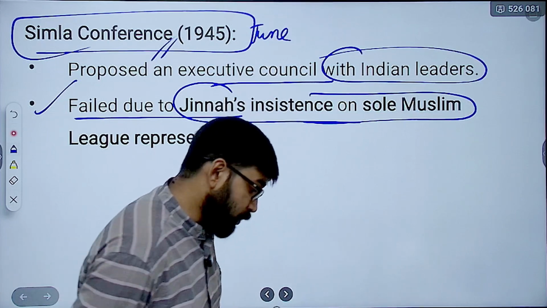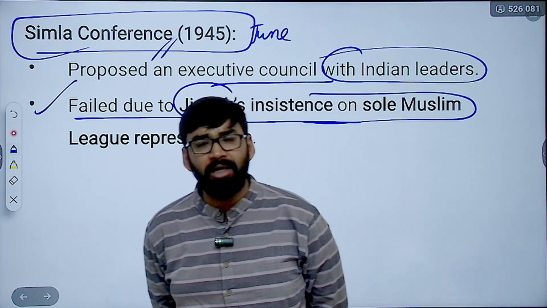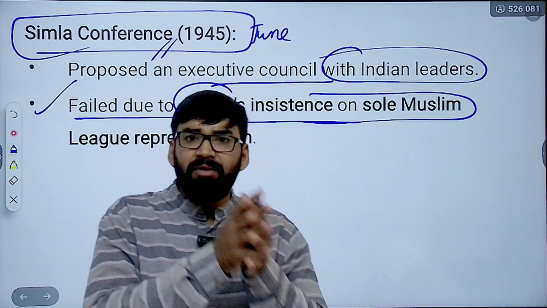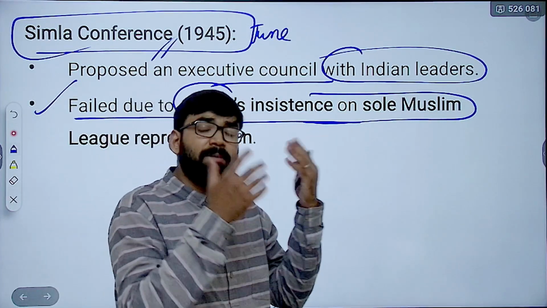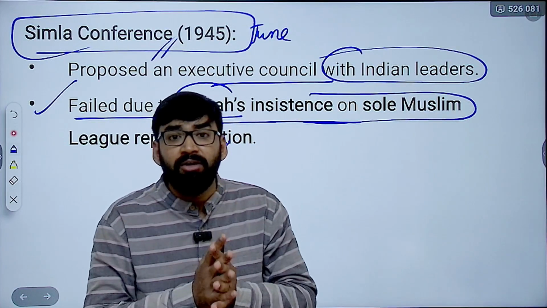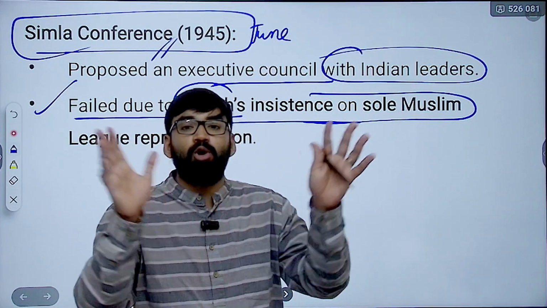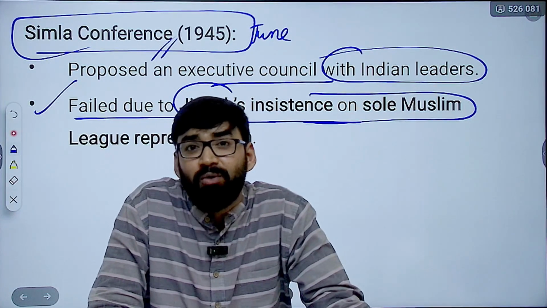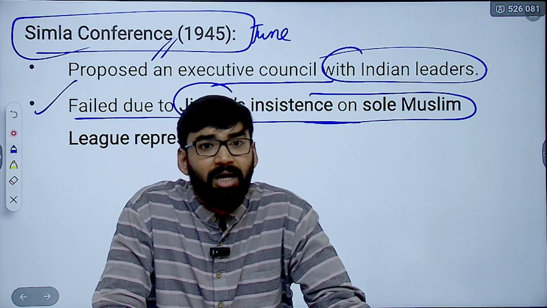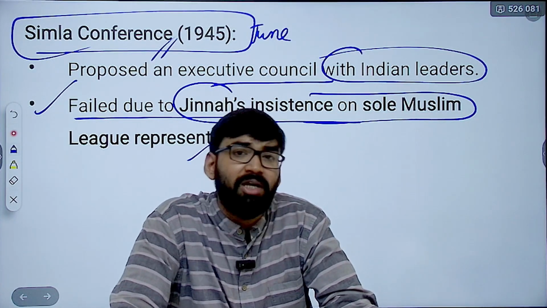अब कांग्रेस में कुछ मुस्लिम मेंबर्स भी थे. Though Jinnah agreed in the beginning to share the power with the Congress, the conference failed when Jinnah insisted that Congress would not nominate any Muslim member without his consent. समझ में आ रहा है कि कांग्रेस किसी भी मुस्लिम मेंबर को नॉमिनेट नहीं करेगी बिना उनके कंसेंट के.